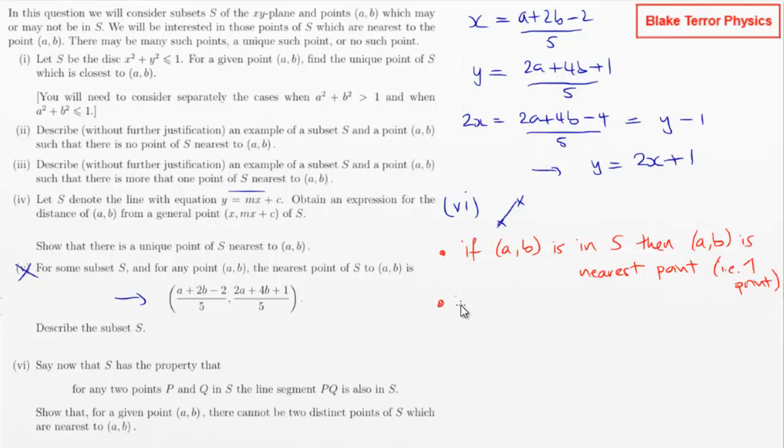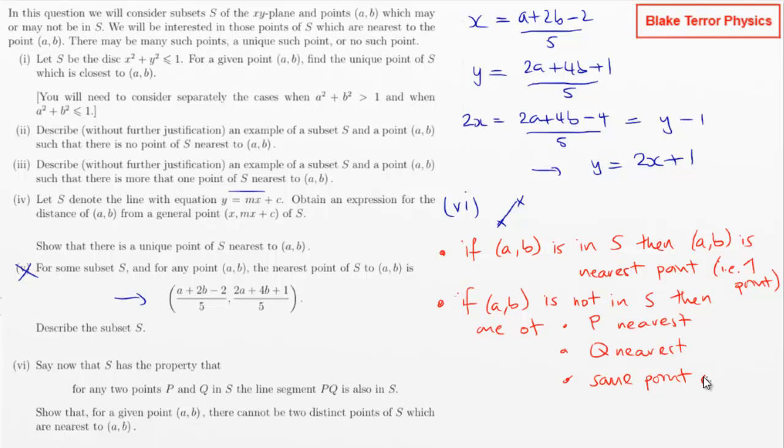Then if it's not in S, then where can we put AB? If AB is not in S, then we've got one of: P is nearest, Q is nearest, or some point on the line PQ is nearest, and that was what we showed in the earlier part of the question in part 4.